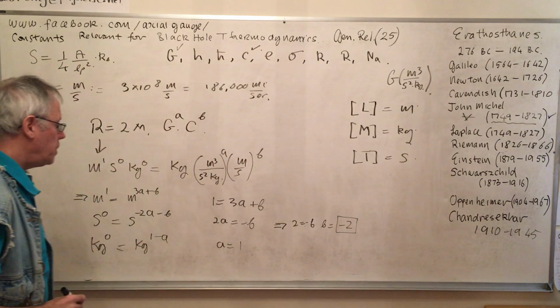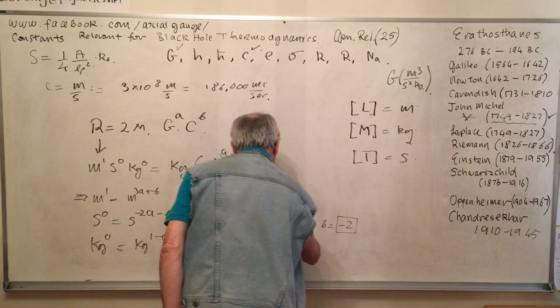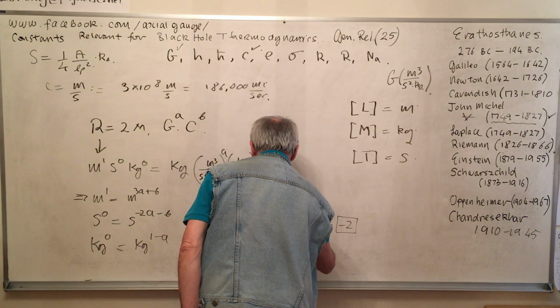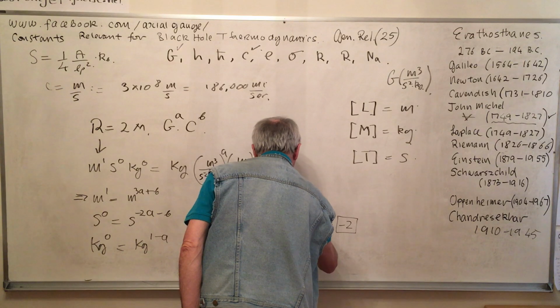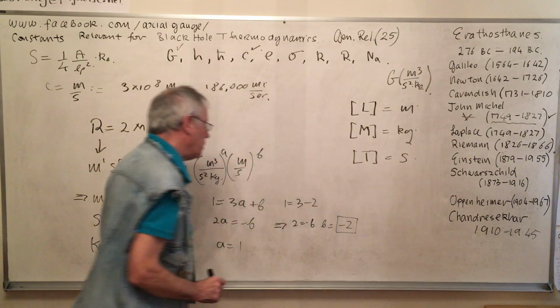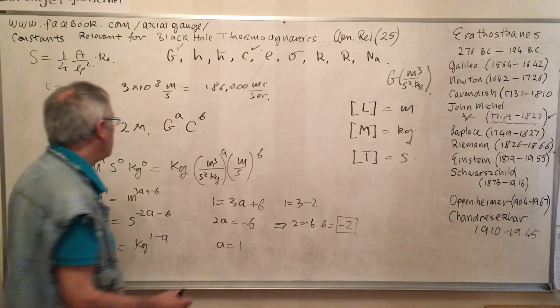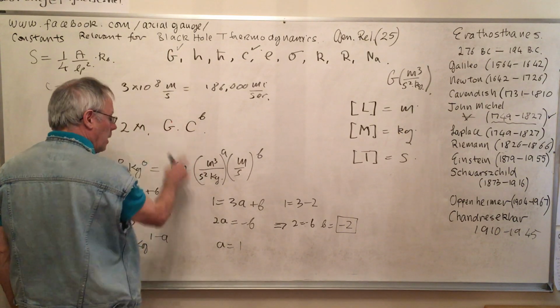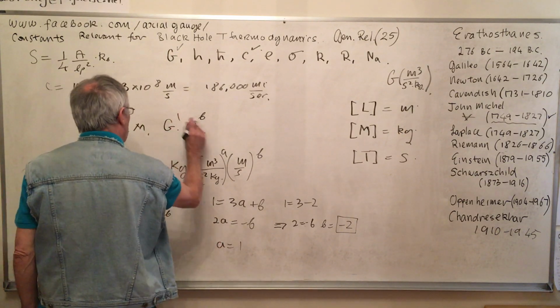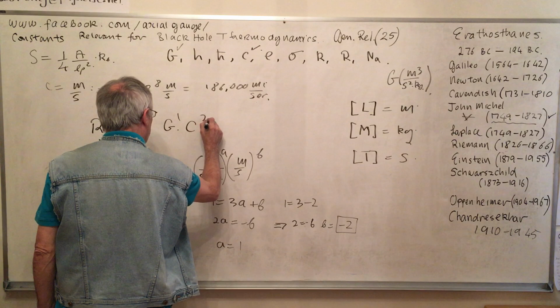So B is going to be minus 2, and that fits in. One equals 3 minus 2, sure. So now we know that A is going to be 1, and B is minus 2.